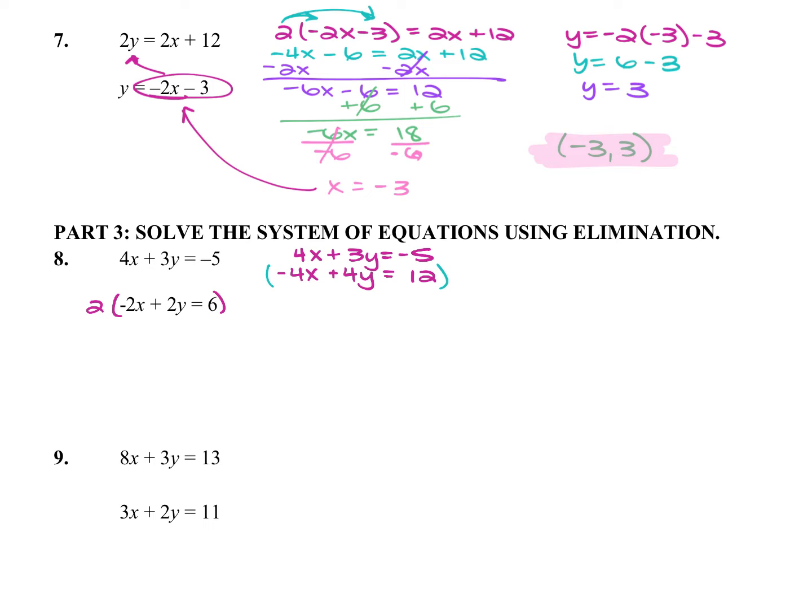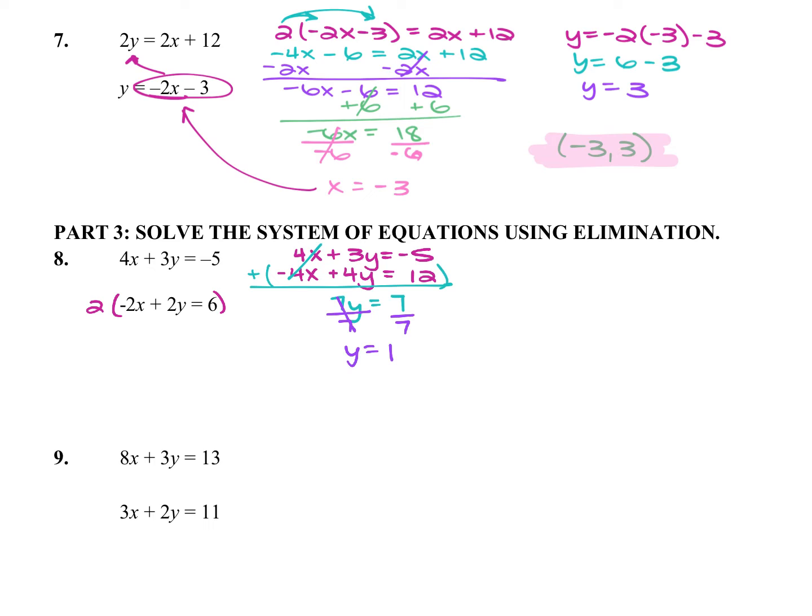Now you have opposites on your x values, so you can just combine like terms. Your 4x minus 4x cancels out. 3y plus 4y is 7y. And 12 minus 5 is 7. Divide each side by the 7 to get y by itself, and you have that y is equal to 1.